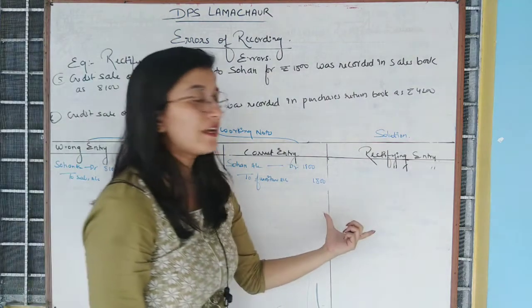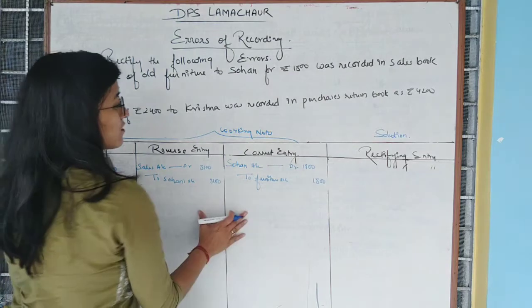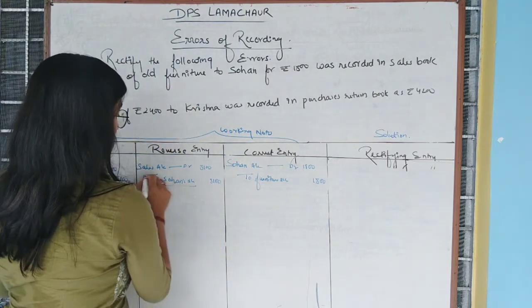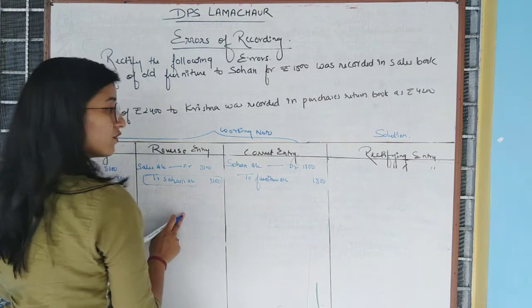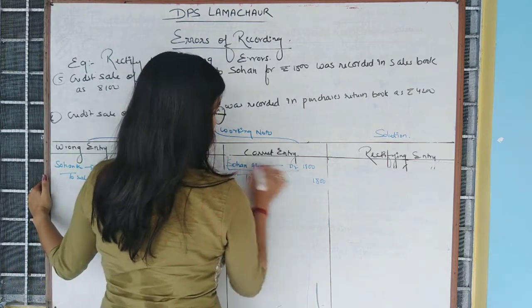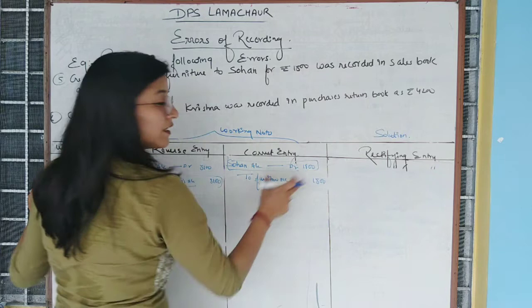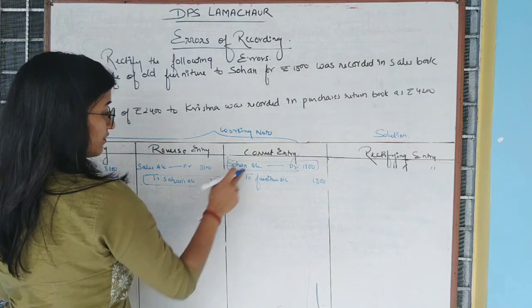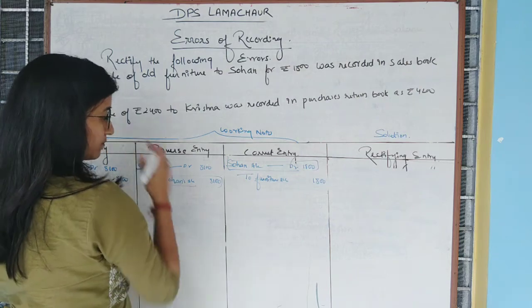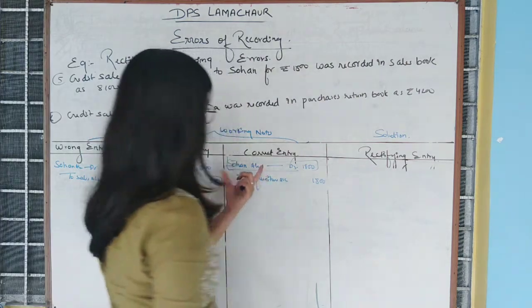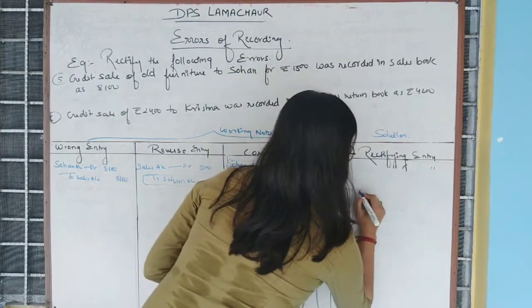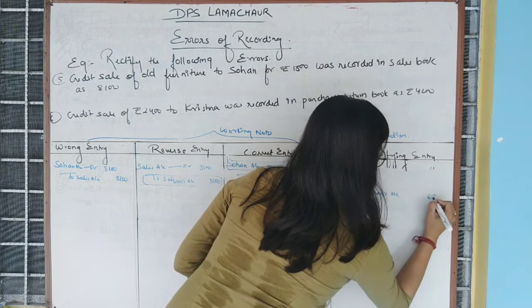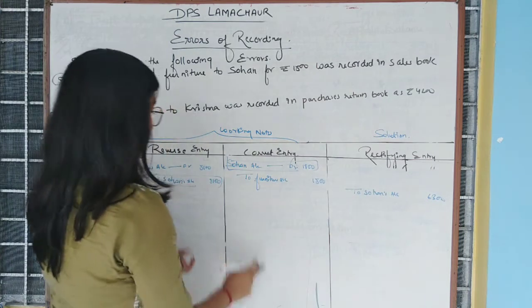So in rectifying entry, we will see the reverse entry column and correct entry column. Sohan's account is credited with 8100 in reverse entry, and here in correct entry, Sohan's account is debited with 1800. So net effect of Sohan's account will be 6300. So we will credit Sohan's account with 6300.